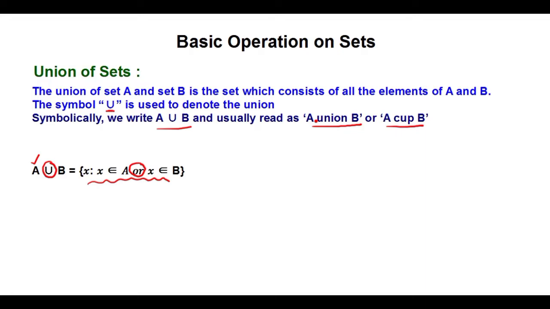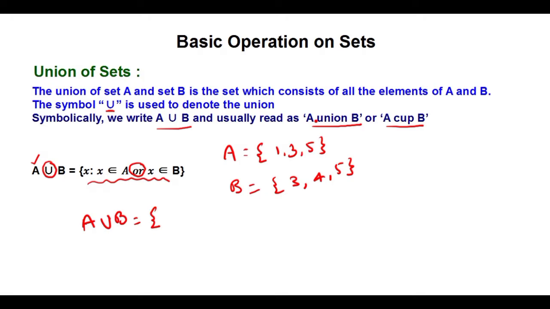Let us discuss. Suppose I take set A, the same example, 1, 3, 5, and set B as 3, 4, 5. A union B means we write the elements from set A and set B both.